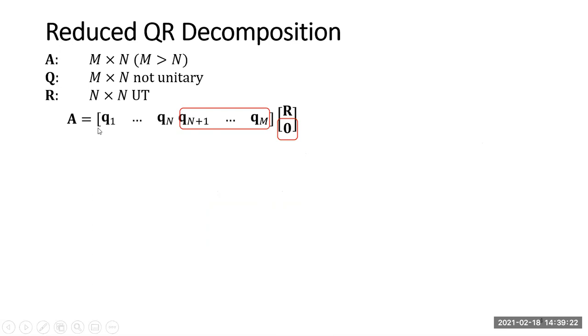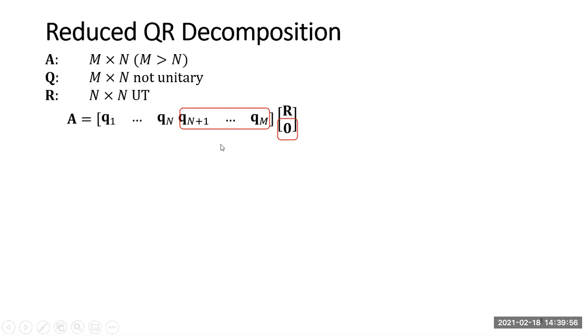Therefore, this is what I have: A equals Q1 until Qn, and then Qn+1 through Qm. Q1 through Qn are getting multiplied with the elements of this R, and all the columns Qn+1 through Qm are going to get multiplied with zeros. So they really have no meaning, except to make this matrix Q a unitary matrix.